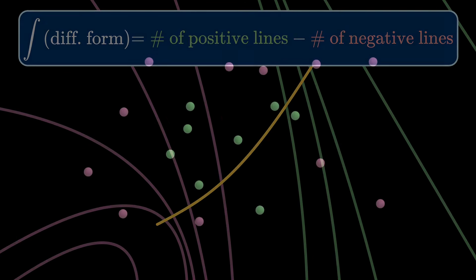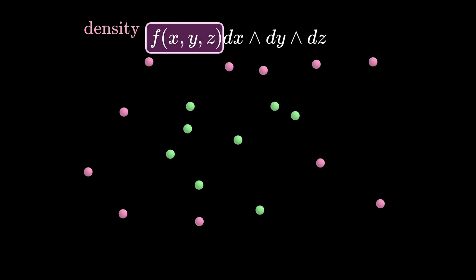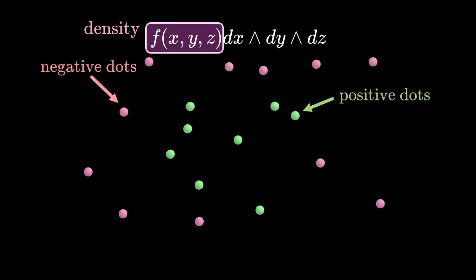The generalization to 3 dimensions is now straightforward. For a 3-dimensional integral with the differential form f of x, y, z dx, dy, dz, the f of x, y, z still denotes the density of the dots at the point x, y, z, and we can still use positive and negative dots to visualize.